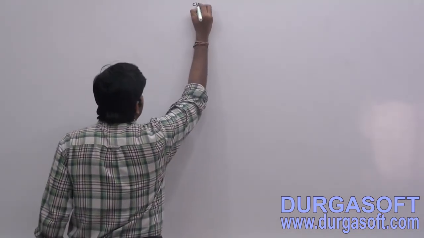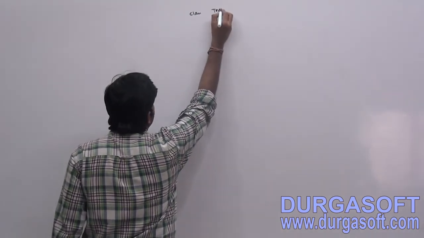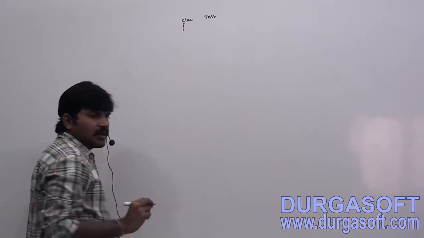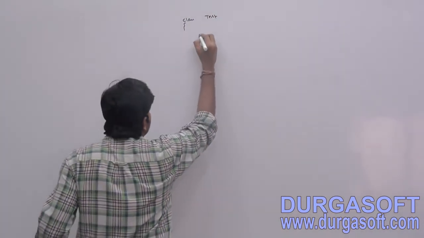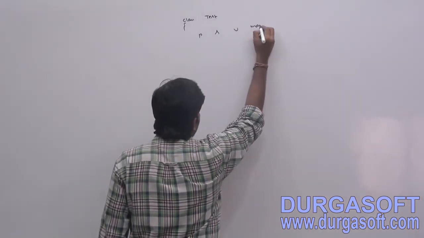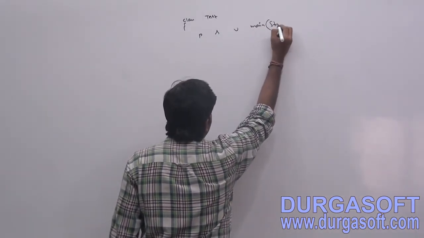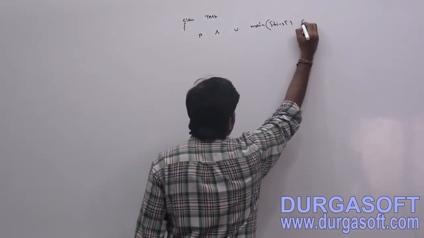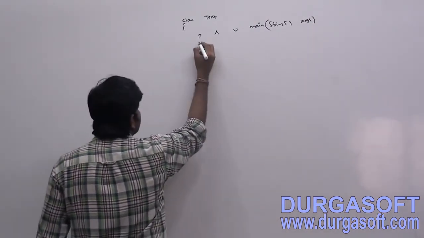Here, sir, I'm taking a class Test. Now public static void main method, public static void main String array args.